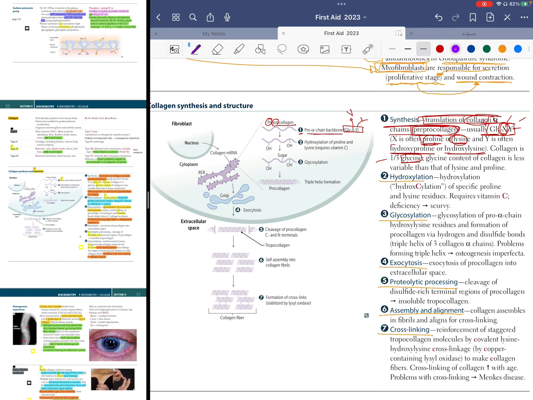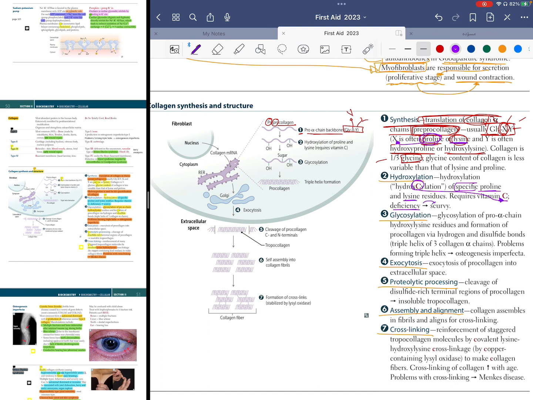So we have the hydroxylation, that's of a specific proline, which is a component of the X. That's one of the options for the X. Hydroxylation of specific proline and lysine, that's the other option. So it's the hydroxylation of specific proline or lysine residues, and hydroxylation requires vitamin C.